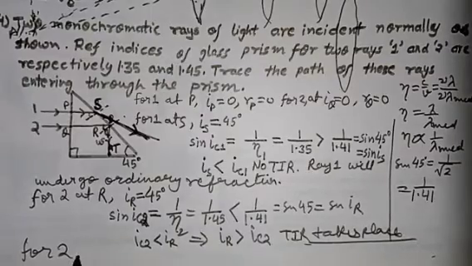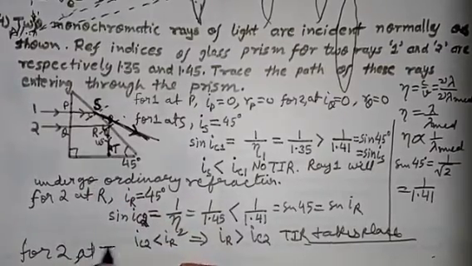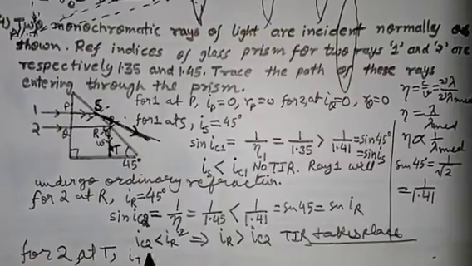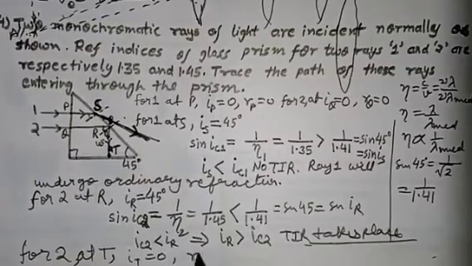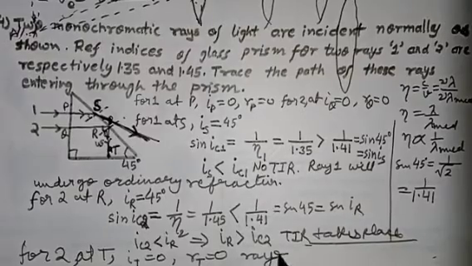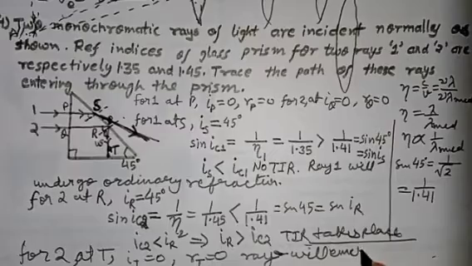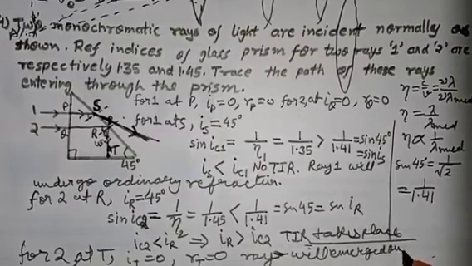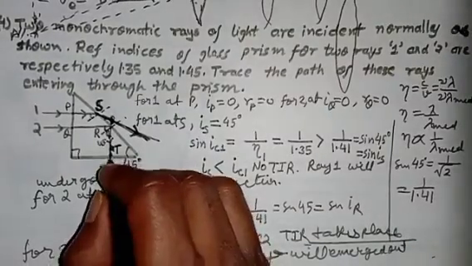For ray 2 at T, IT is 0, so RT is 0, and the ray will emerge out from T normally.